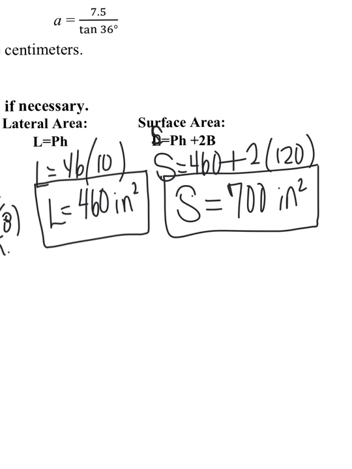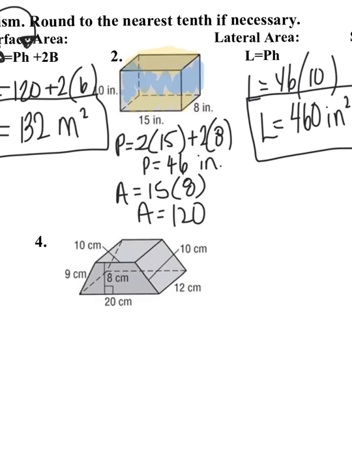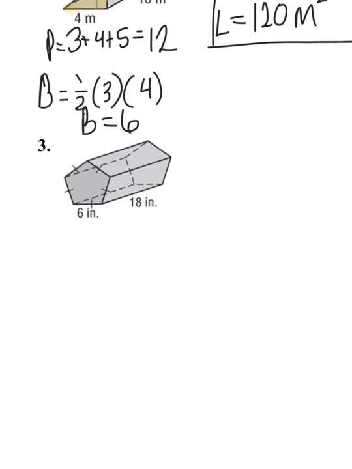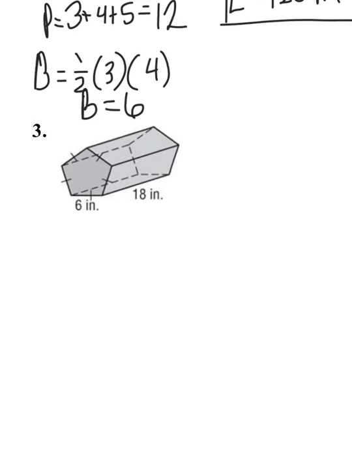Okay. Now we'll go on to question number 3. Now it gets a little bit harder because question number 3 is now a pentagonal prism. For the base, every side is 6. It has 5 sides. So the perimeter of the pentagon.